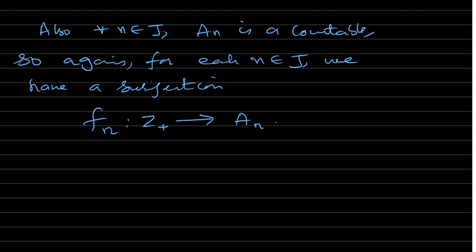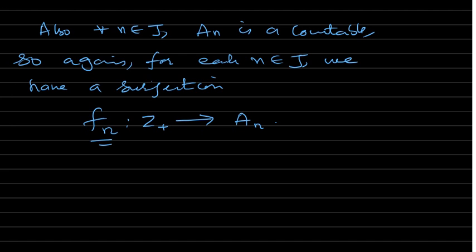Is that clear, this surjection? Yes? Yes, sir. Okay. So we have this. Now we have two types of surjections. One is the g that you have defined earlier, and second is this f_n. So how many surjections are these? As many as the number of elements in J. तो जितने मेंबर्स J की होगी उतनी आपके पास surjections इस टाइप की होगी.